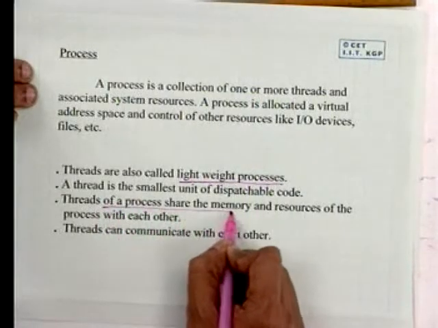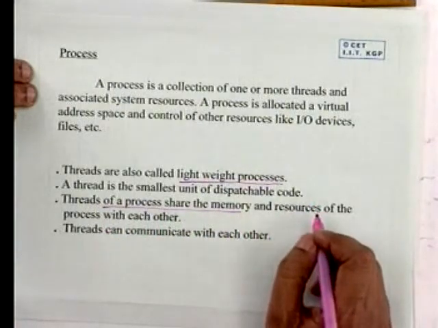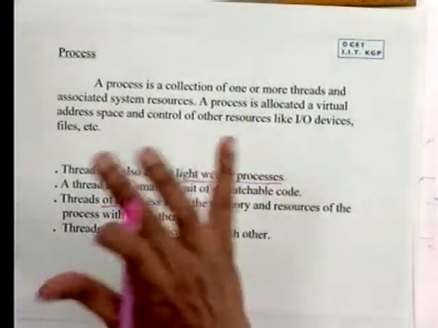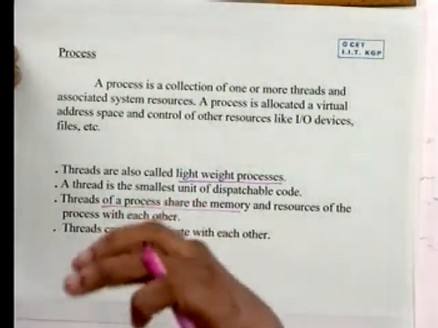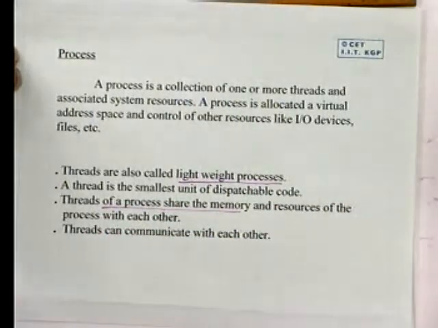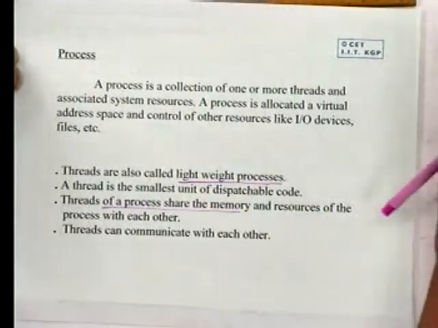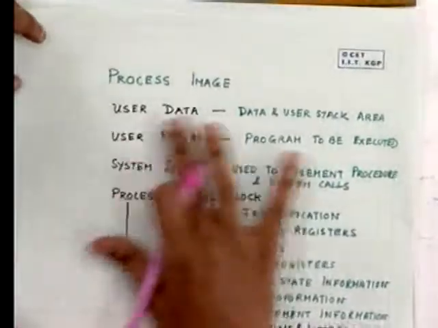And the major important thing is that threads of a process share the memory and resources of the process with each other. So a process can have multiple threads which can run concurrently, and they share the same area. When a process is loaded, some information is stored in the process image, and that area is allocated to it.